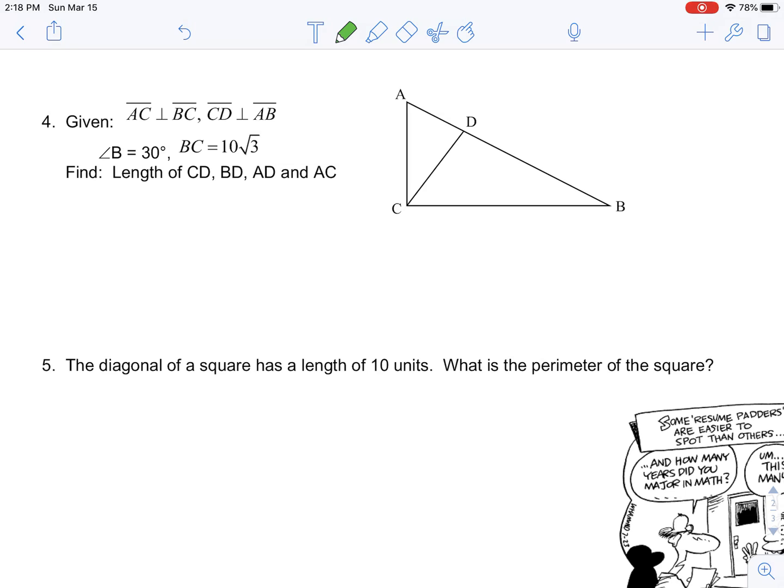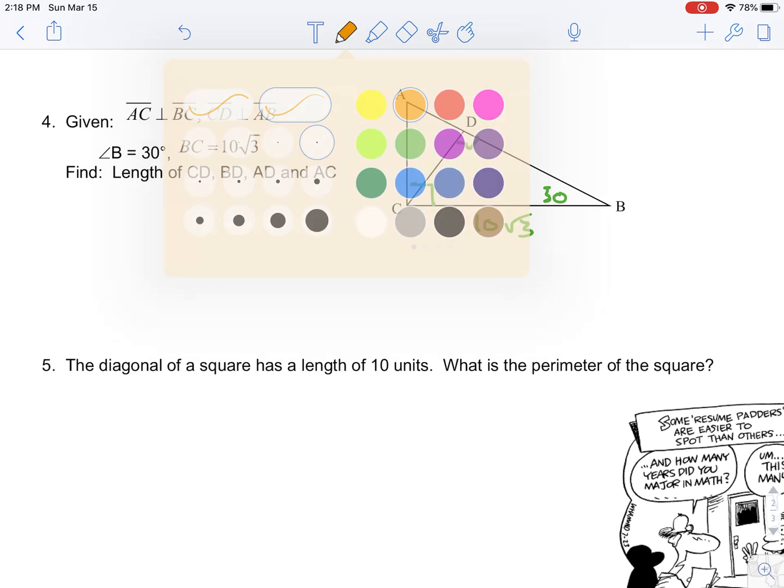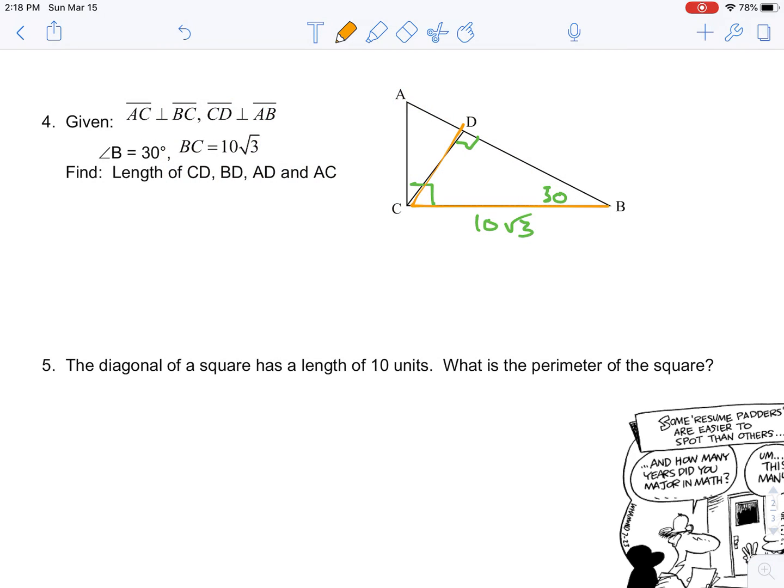Problem number 4 here looks like a sunshine problem, but it's actually a 30, 60, 90 right triangle problem. This is 30 here. BC is 10 root 3, and that's my hypotenuse of this right triangle here.